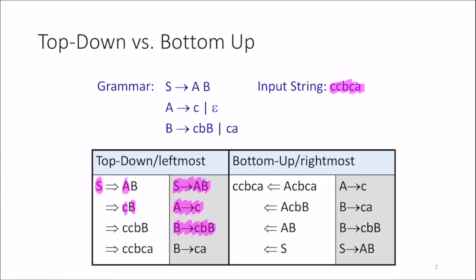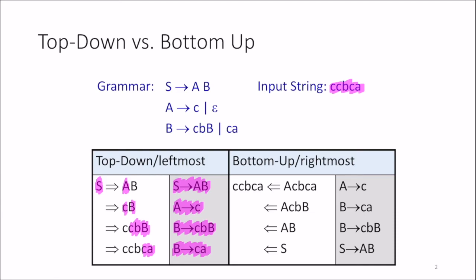And so you can see that this rule over here is applied so that the non-terminal B from the previous step is expanded to the right-hand side of that rule. So CB and then non-terminal B again. And then the second time we choose to expand B, we're going to use B goes to CA.